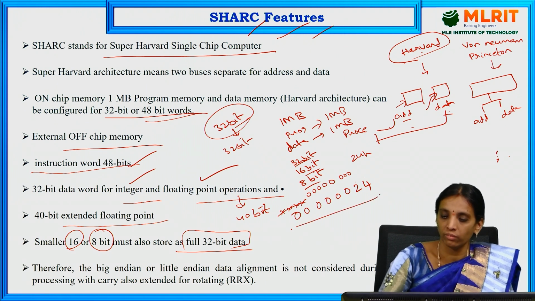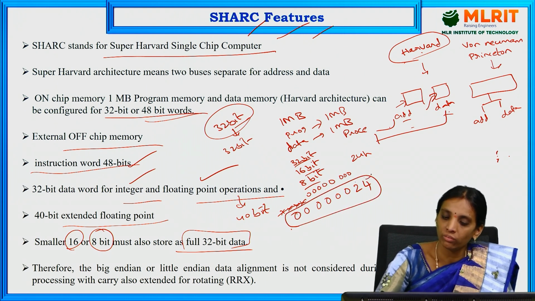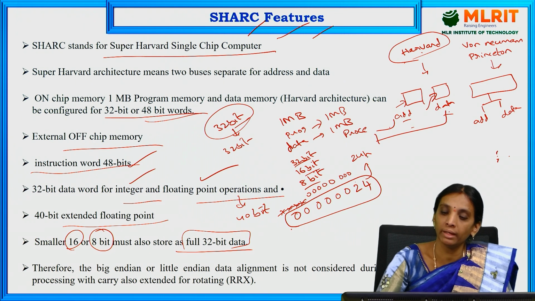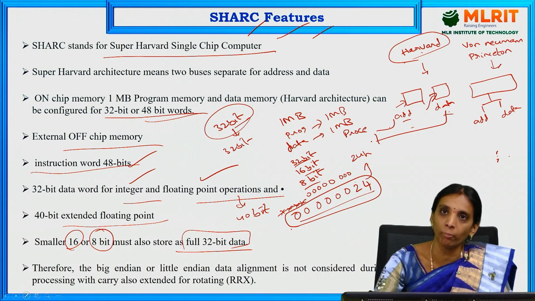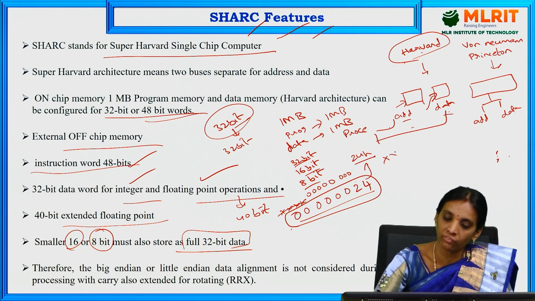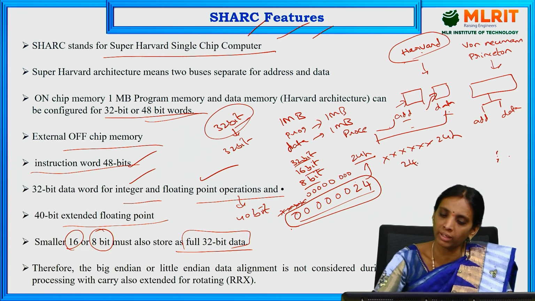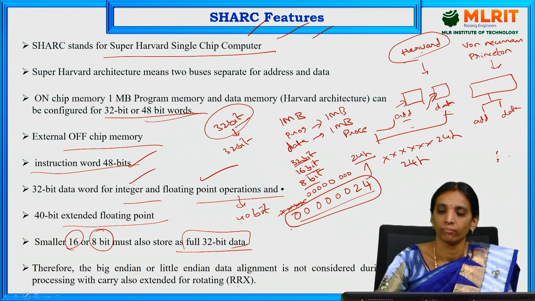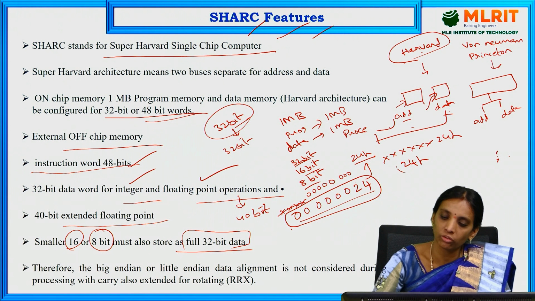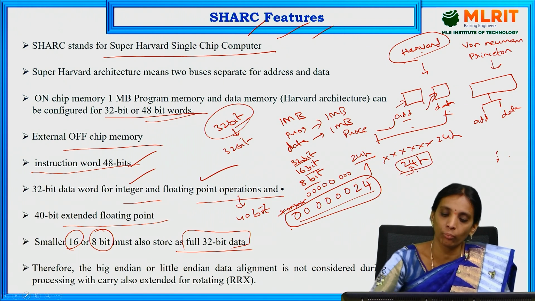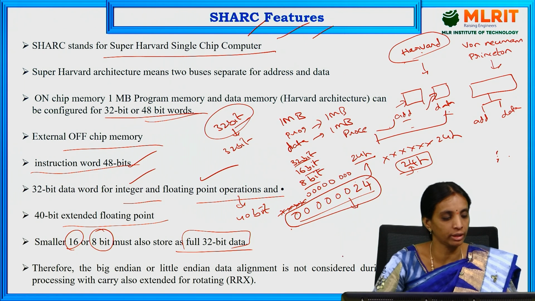This is the data which is stored for the number 24H. 24H will be stored like this. But in the ARM processor, the same 24H will be stored as 0x24, or we can simply write 24H also. So we can simply store our data as 8-bit only in the ARM processor. In the SHARC processor, it is stored as a full 32-bit data.